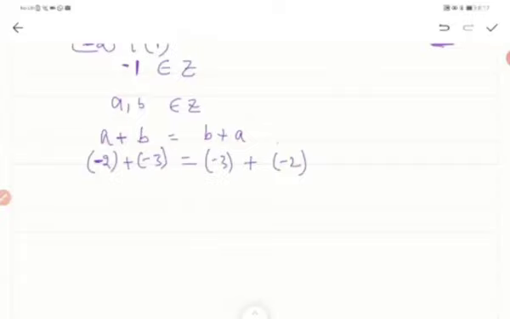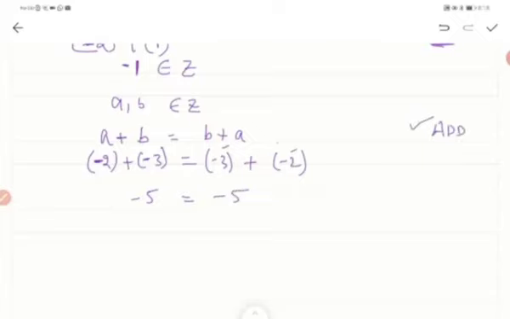There is no change. If you want to verify, minus 2 and minus 3 you will add, you will get minus 5. Here also you will get the same minus 5. So commutative property under addition is also true for integers.